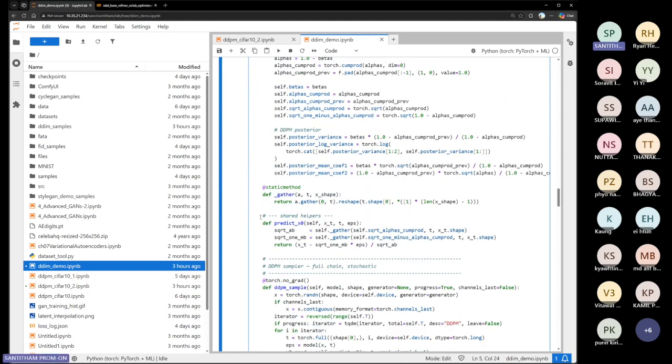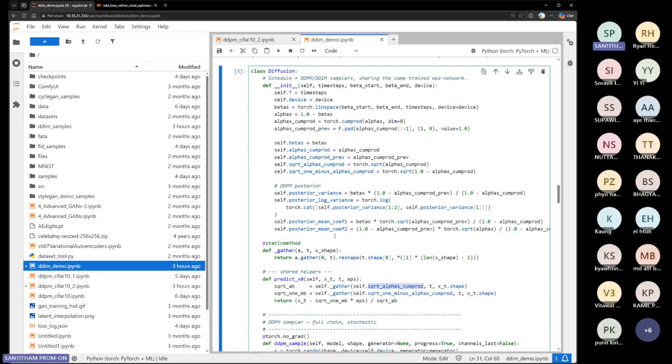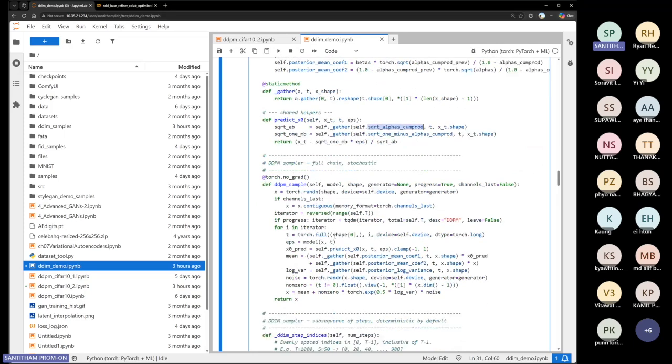Okay, this is the shared helper function to predict x0. This is square root alpha bar and square root 1 minus alpha bar, the square root of the alpha cumulative product of x and of t and xt. Okay, and we have to look at the function, it should be down there.